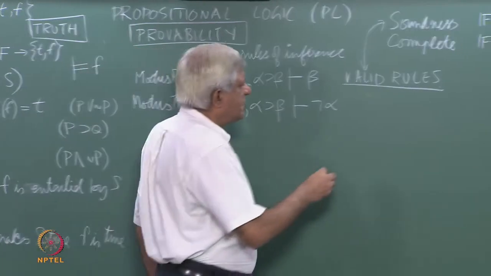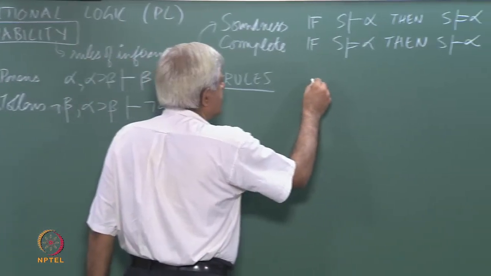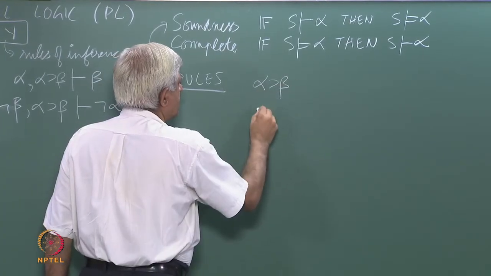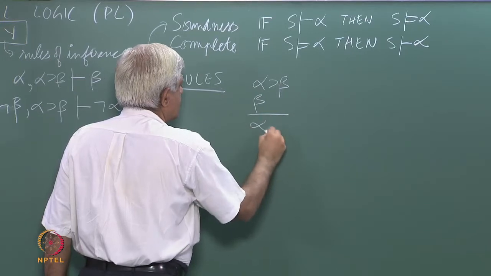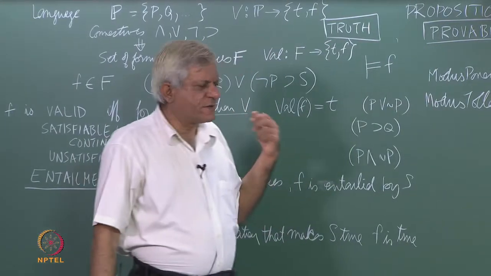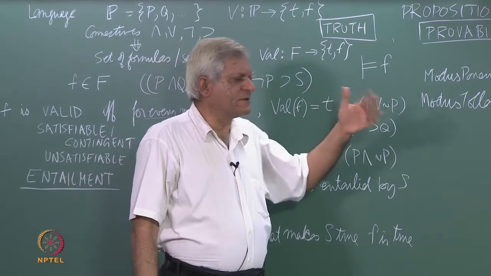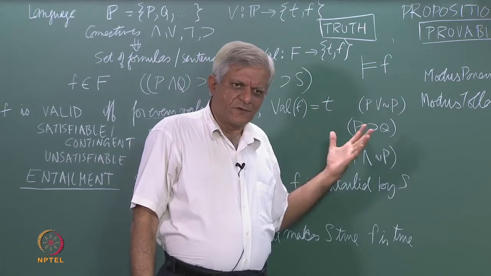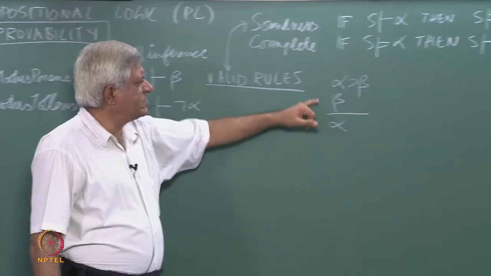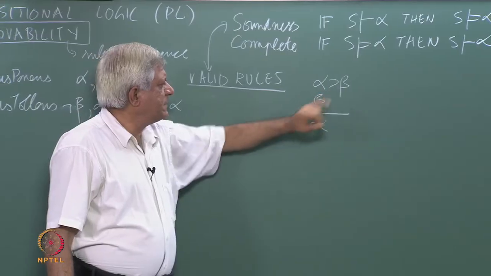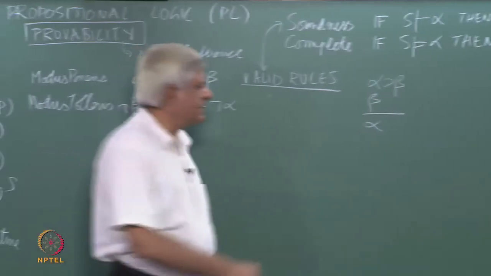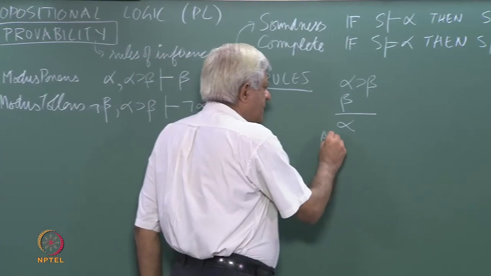So, let us look at an example of a rule which is not valid. If I say alpha implies beta and beta, then I say alpha. This is not really a valid rule, so we do not have a name for it. This rule says that if alpha implies beta is given to you and beta is given to you, infer that alpha is true. And I do not know whether we discussed in the last class, this is actually the process of abduction.